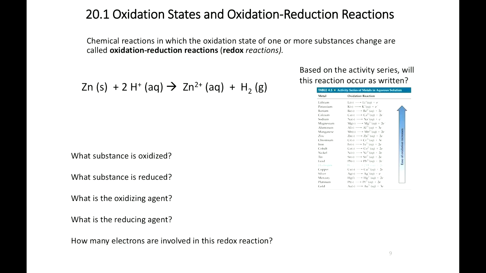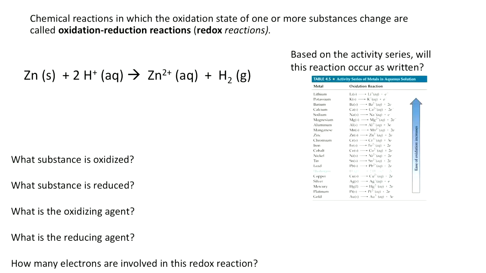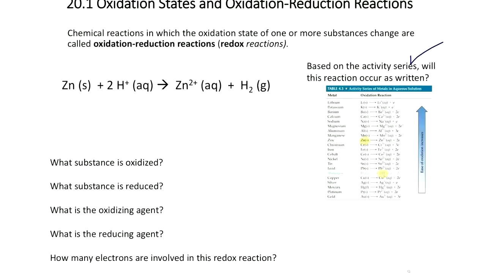So here's a pretty straightforward redox reaction. We can look at the table and determine whether this redox reaction happens. We're mixing H plus and zinc. It's up here, so yes, this redox reaction does happen, because the metal is higher on the activity series than the cation.